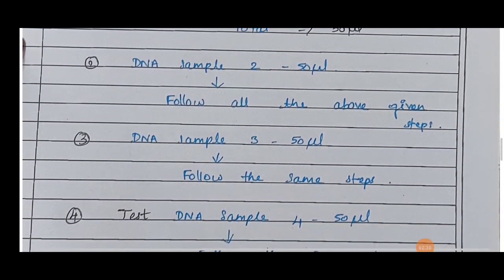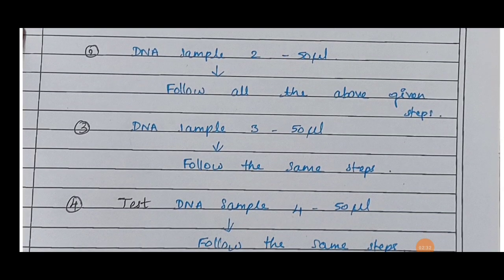So we have to repeat this for the other 2 or 3 standard DNAs. DNA sample 2, 50 µl, the quantity is always the same, but the samples will differ here.